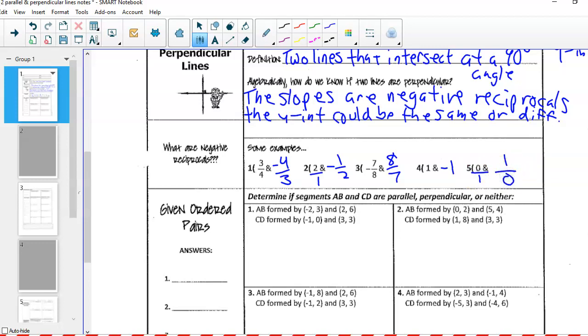What's 1/0? What's anything over 0? Undefined. So a line that has a 0 slope and a line that has an undefined slope are perpendicular. So our x equals and our y equals are perpendicular lines.